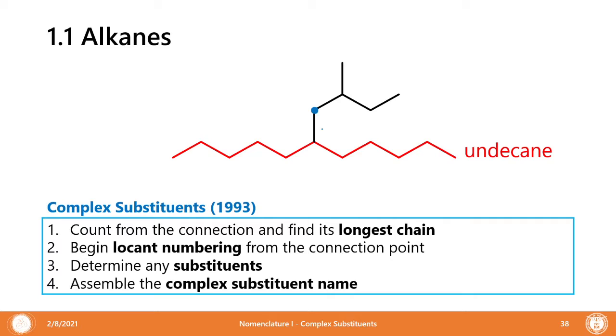We have to look for the longest chain from that carbon. Let's try counting that. We have 1, 2, 3, and 4. So that's 4 carbons. Again, I just labeled the locant numbers. So we have 1, 2, 3, 4 carbons, and so we have a butyl group.